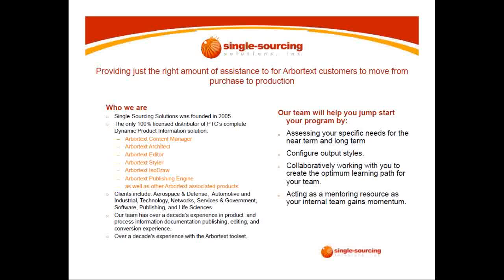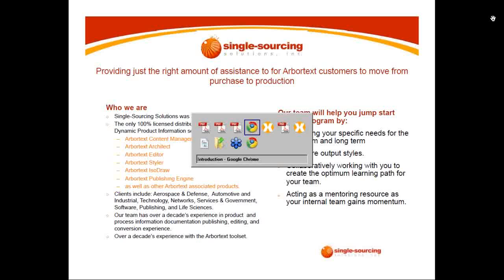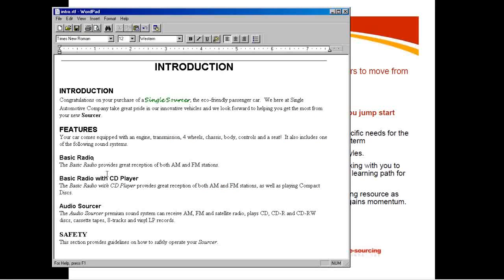I'm not especially familiar with that particular feature of FrameMaker, but conditional text is probably another good synonym for what profiling is all about. So, for instance, to go into a little more detail, when we had 3 separate sections in our document, and actually I can go ahead and pull that back up here, each of these 3 short sections describes a different option that the vehicle may have come with for a sound system.